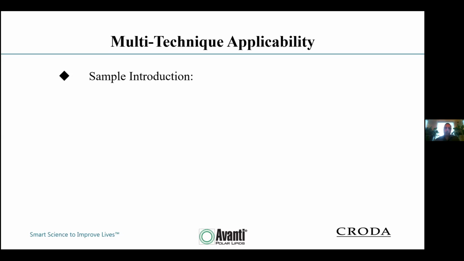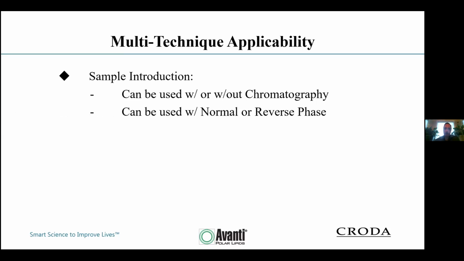And so as was alluded to earlier, what we wanted was for this particular mix to be multi-technique applicable. So that means with regard to sample introduction, you can use it either in a flow injection mode, or you can use it in conjunction with chromatography. It also means that we can use it with normal phase or reverse phase. So you don't have to worry about where things elute in reverse phase and differences in ionization.